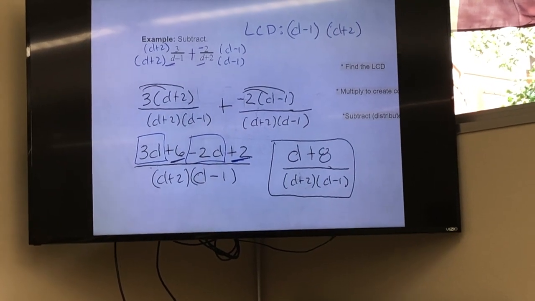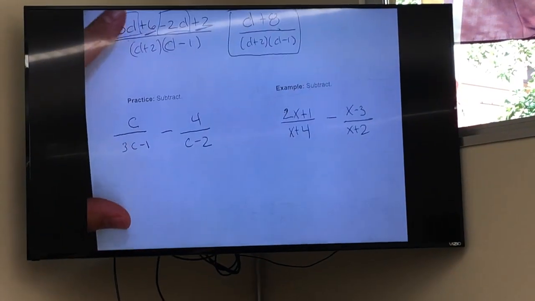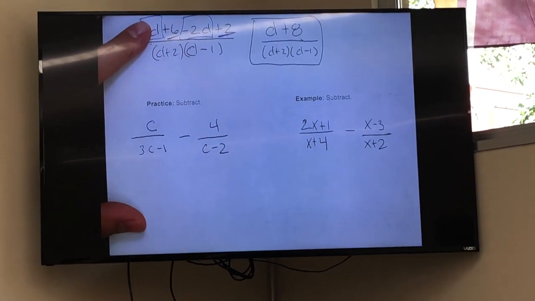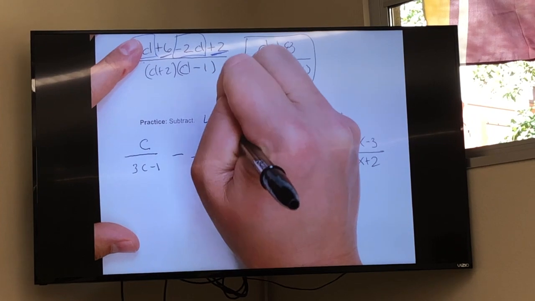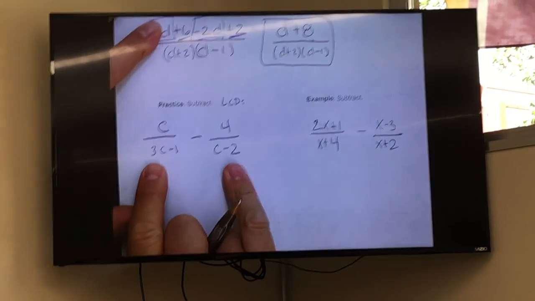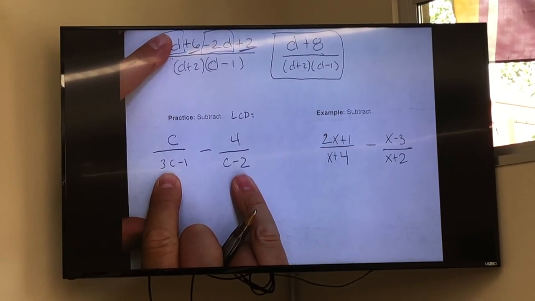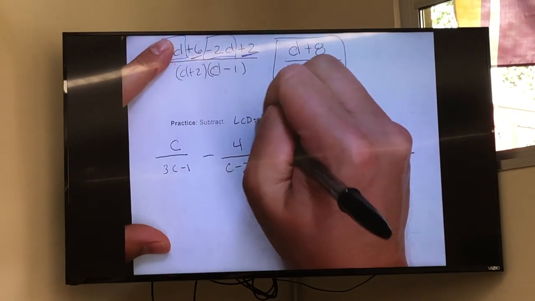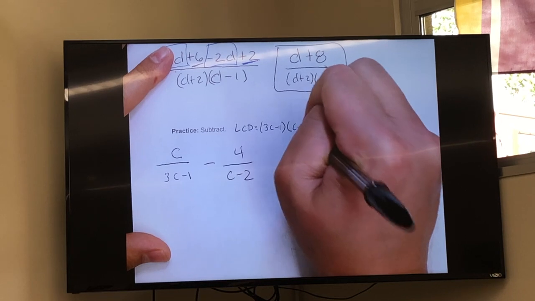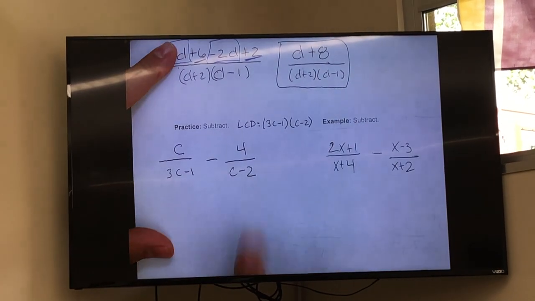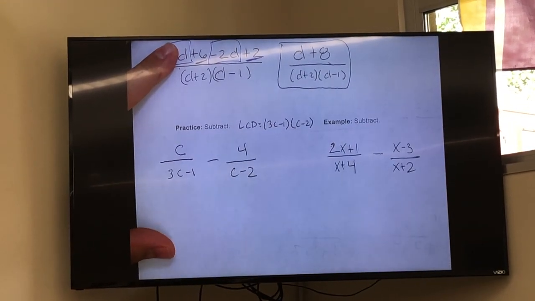You can do it. Okay, so on this next practice problem, again, we need to start with our LCD. These are two different binomials, so you're going to need both of them. So a 3c minus 1 and a c minus 2. That's what we're trying to make in our denominator.